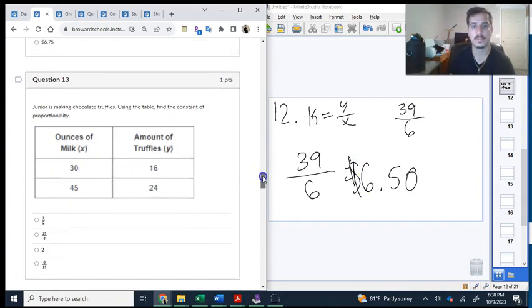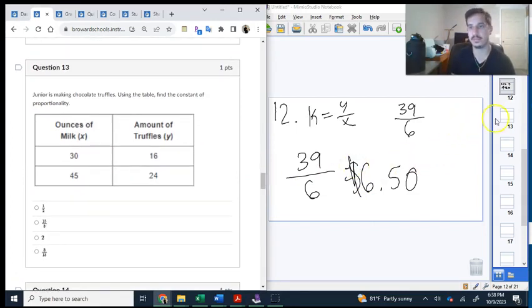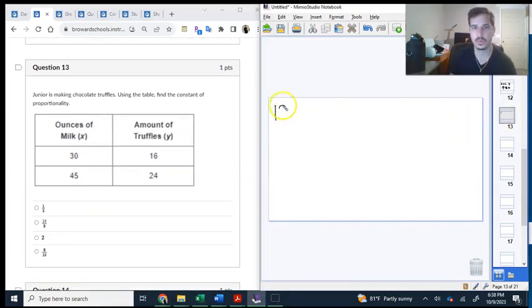All right, number 13. Junior is making chocolate truffles. Using the table, find the constant of proportionality. I can't stress this enough. K equals Y over X, okay? So it's proportional. We know that.